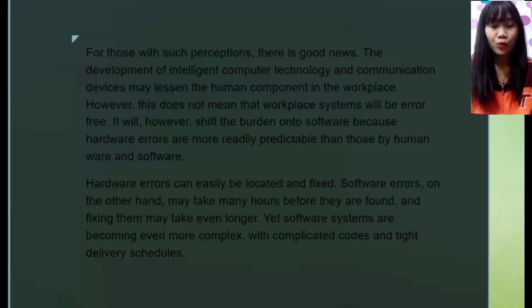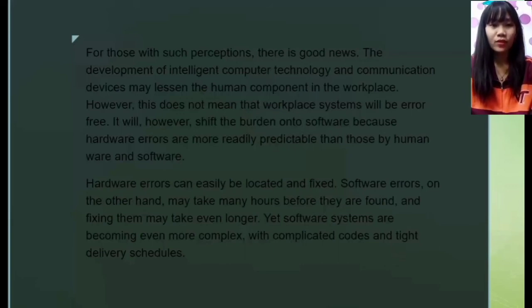People still hold that the computer is more reliable and creates less risk, that software testing eliminates software errors, that increased software reliability automatically implies increased safety, and that reusing software increases its safety levels. All these are myths. Software safety is as unpredictable as its counterpart, humanware. For those with such perceptions, there is good news.